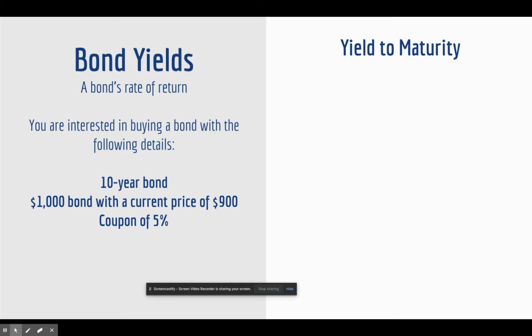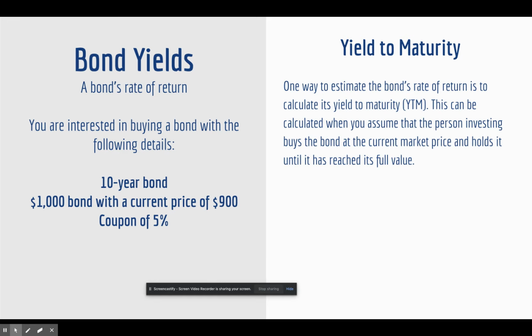Oftentimes what investors want to know is, what am I going to get out of this bond if I buy it today and hold on to it for its entirety, 10, 20, 30 years? So one way to estimate the bond's rate of return is to calculate its yield to maturity. This can be calculated when you assume that the person investing buys the bond at the current market price and holds it until it has reached full value.